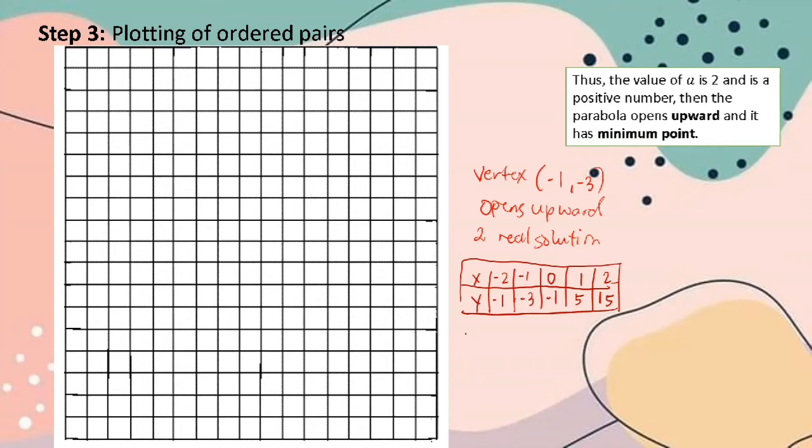So, let's say that the horizontal and the vertical natin is this one. So, let me make a vertical and horizontal line. So, this one is the horizontal line. And then, this one is the vertical line.